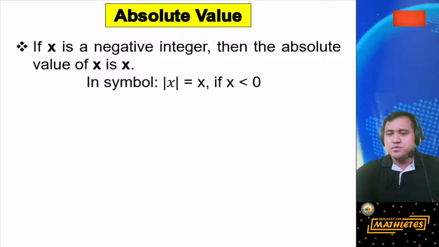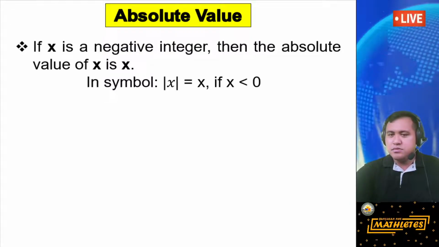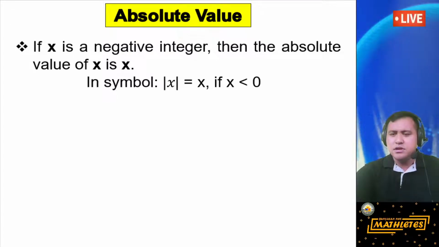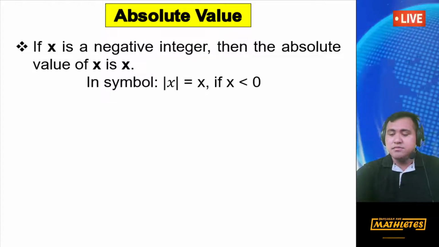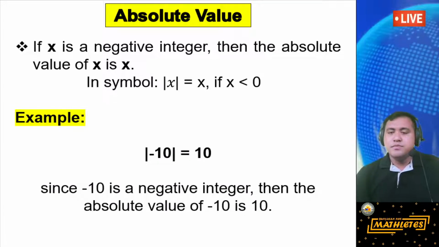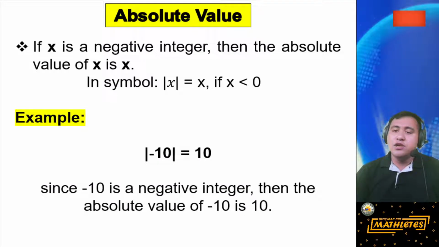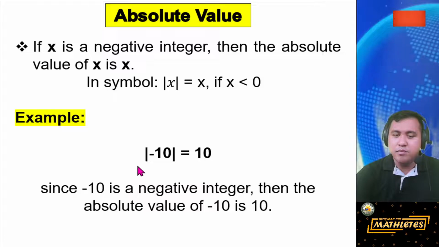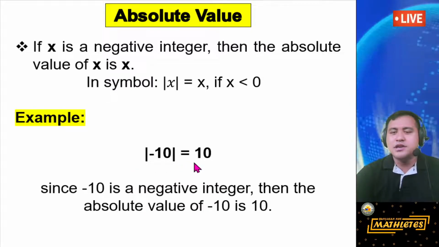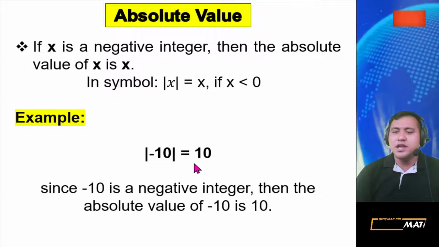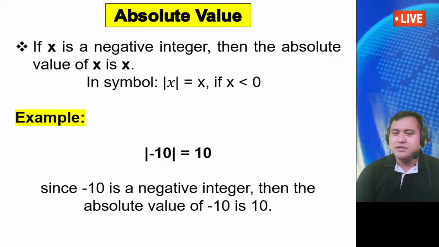Kung ang x nato is negative, what will be the absolute value? Again, the absolute value of a number is always positive. We have, for example, absolute value of negative 10. So the answer is, the absolute value of negative 10 is positive 10.